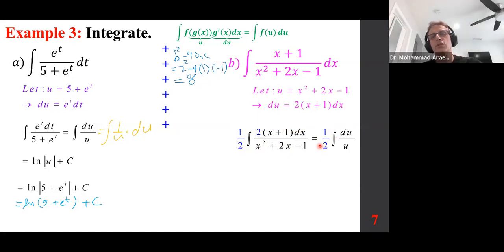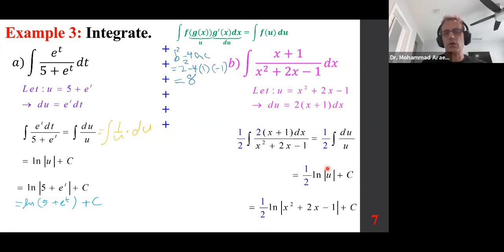So let's quickly recap. If we choose u to be the denominator, the numerator has a missing factor of 2 to become du, because 2 is a multiplier, a number you can multiply and divide by. Now this is also a natural log, so we have a 1/2 in front of it, and the u must be replaced with x squared plus 2x minus 1.